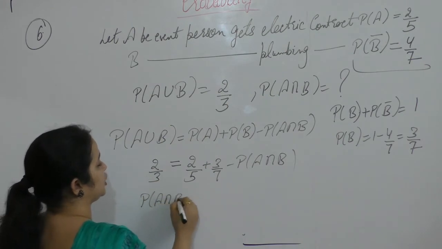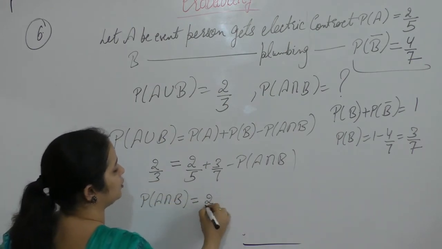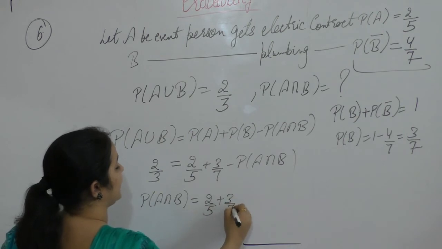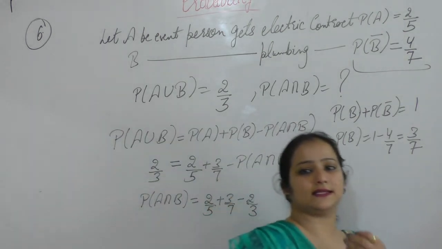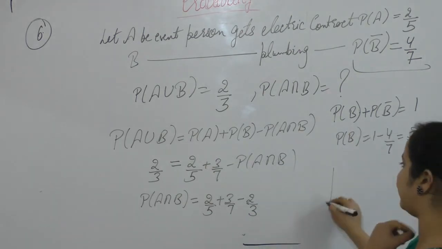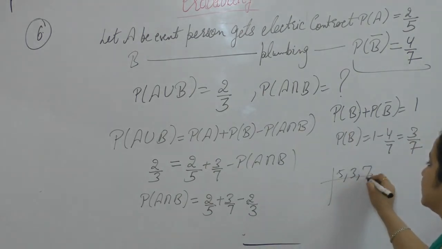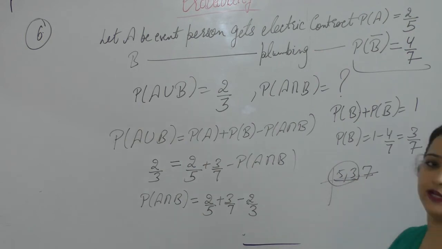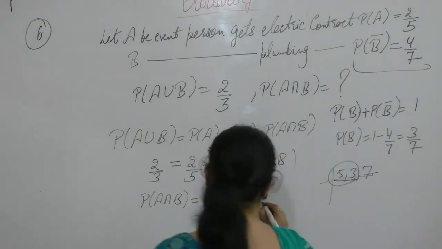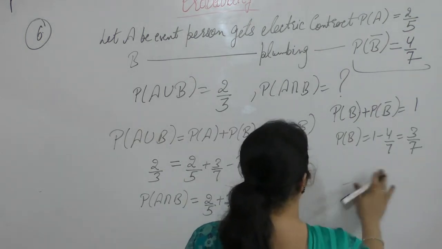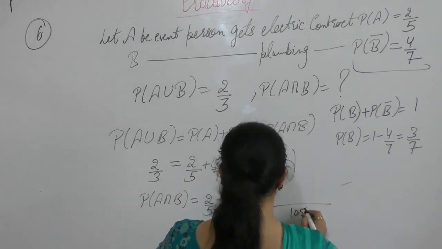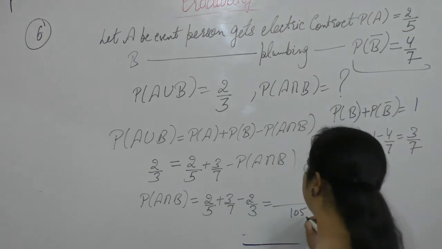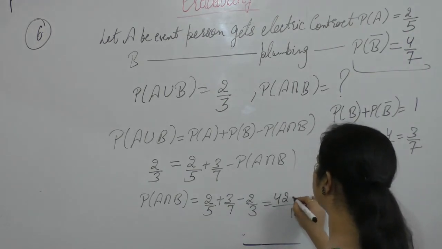So probability A intersection B is equal to 2 by 5 plus 3 by 7 minus 2 by 3. Now take the LCM of 5, 3 and 7. All are different, so 5 into 3, 15 into 7, 105.